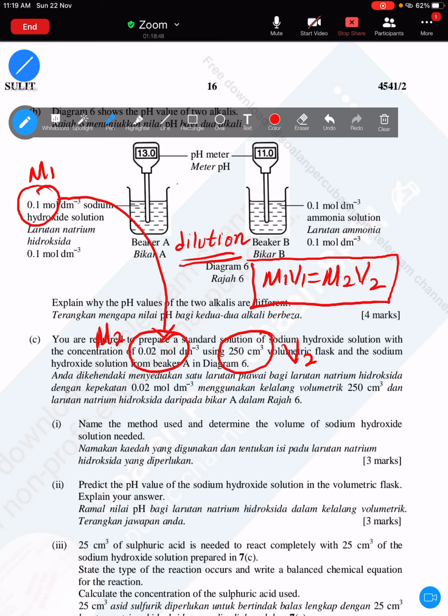So you are going to substitute those values into the formula. It is a dilution, and M1 is 0.1 and V1, I do not know how much I need to take up for the dilution, and I have M2 0.02 and the total volume is 250.